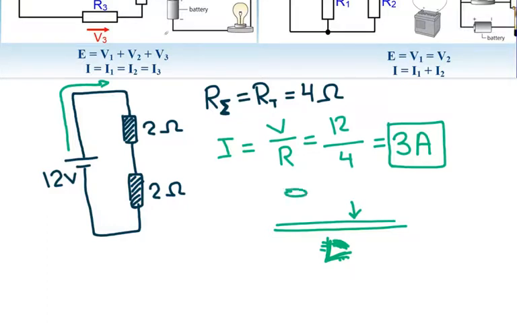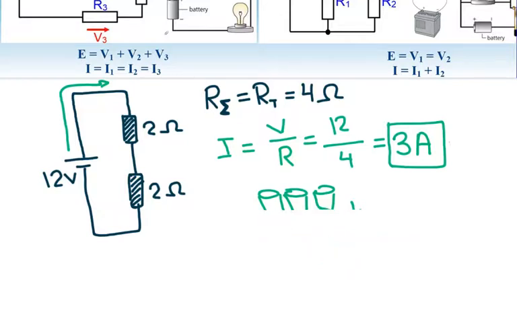So if I say 3 amps, I could say there are 3 buckets of electrons passing this point in 1 second. So the definition of current is how many coulombs, or how many charges, pass a point in 1 second. So I got 3 amps in this case.